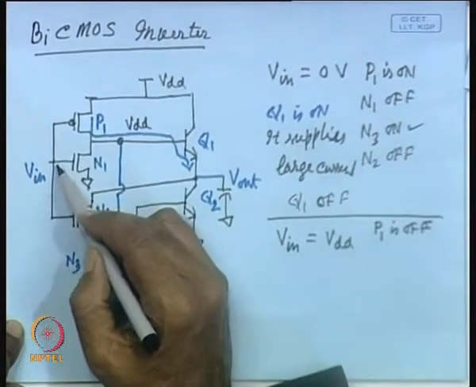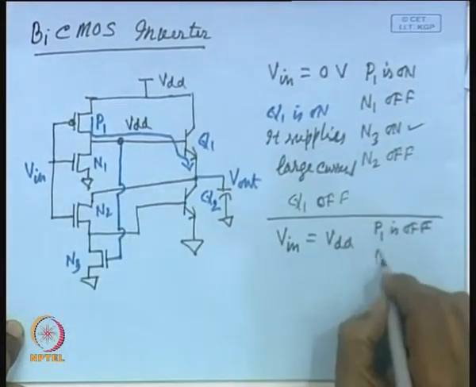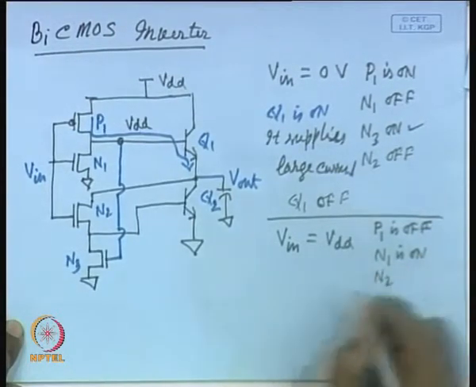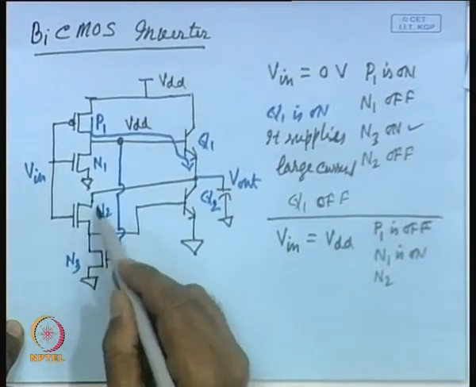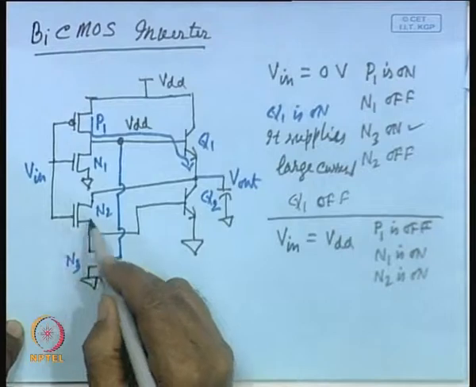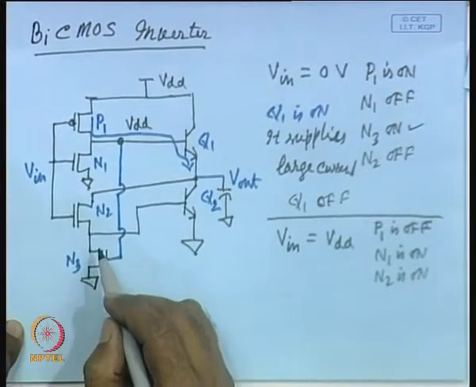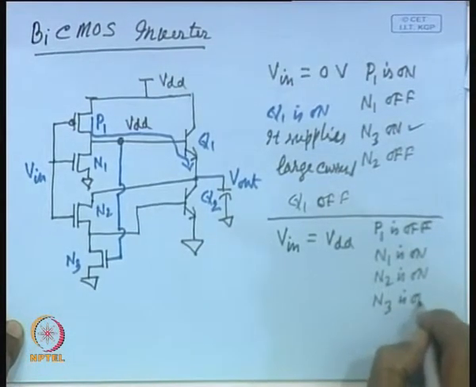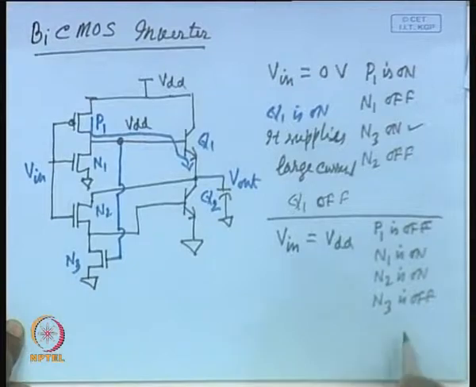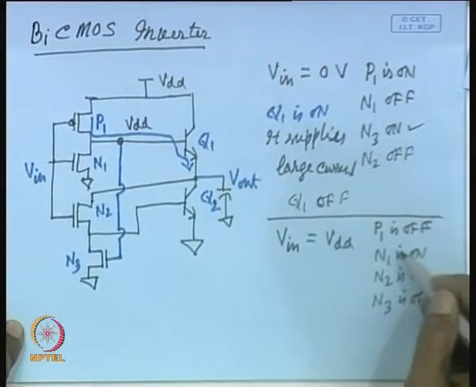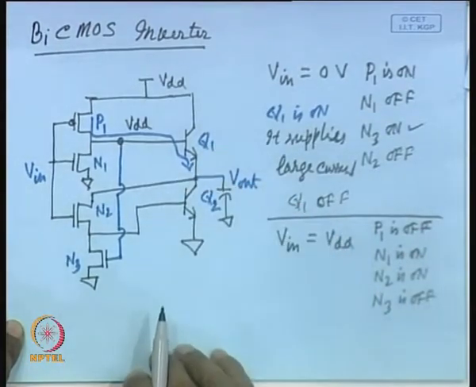P1 will be off because this input is VDD, N1 is on, N2 also will be on, and N3 is off. Okay. So, now let us see how the state of these 4 transistors affects the bipolar devices.